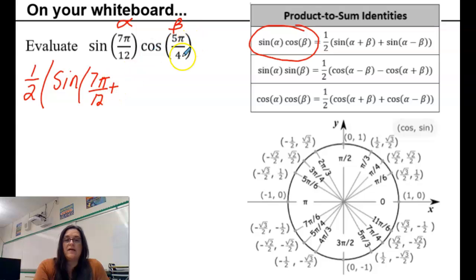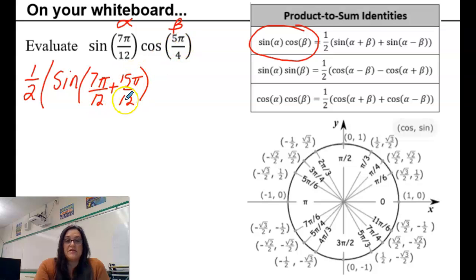plus 5 pi over 4, and when we go to add these angles together, we're going to need a common denominator, and that common denominator for 12 and 4 is 12. So I had to multiply 4 by 3 to get 12, so I multiply the numerator by 3 to get 15 pi. So 5 pi over 4 is equivalent to 15 pi over 12.